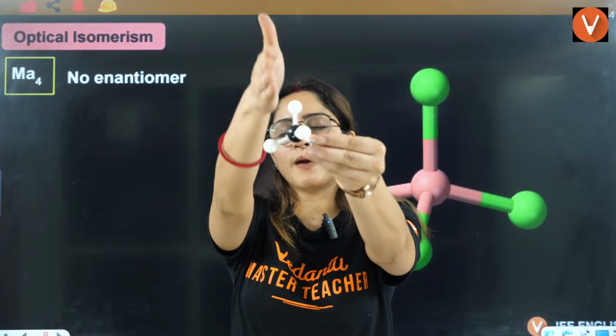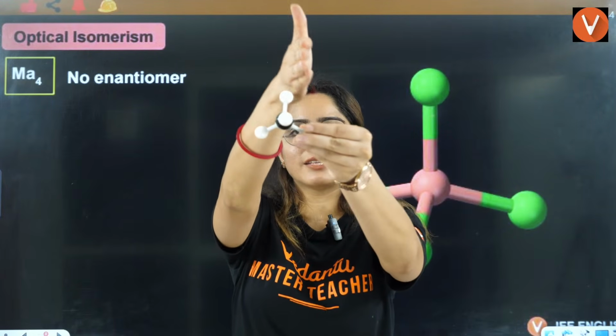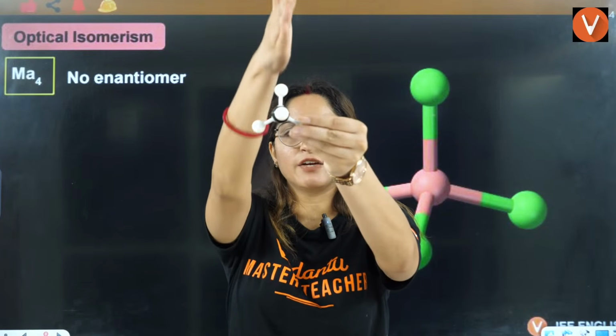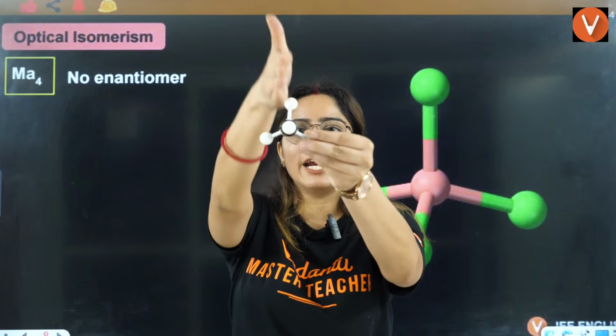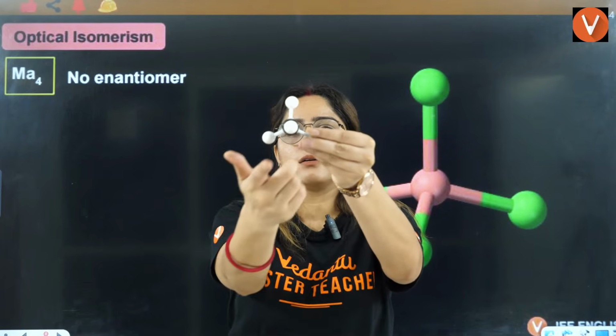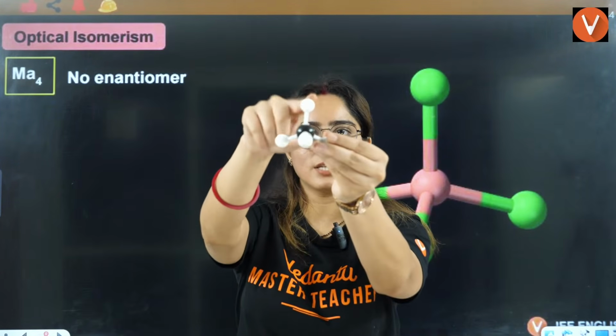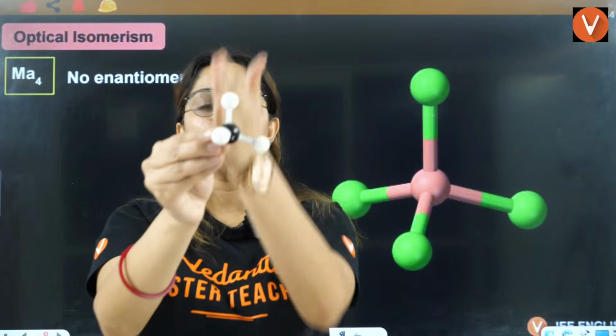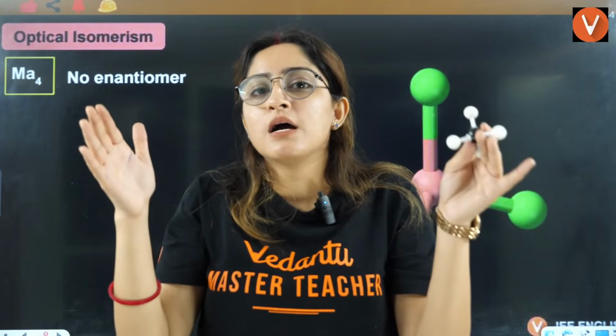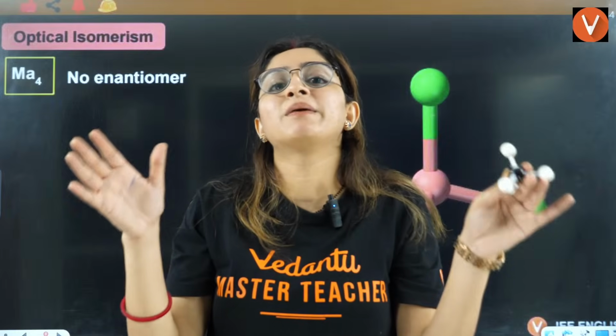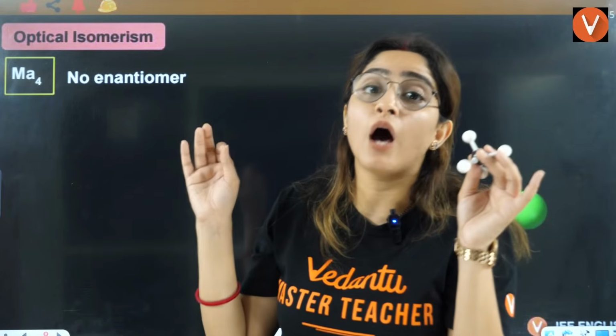Now you just have to imagine a knife that is slicing this. When it will slice this, this atom will be in two parts, this will be in two parts. And it will slice up into two parts which will be the same, two equal halves.